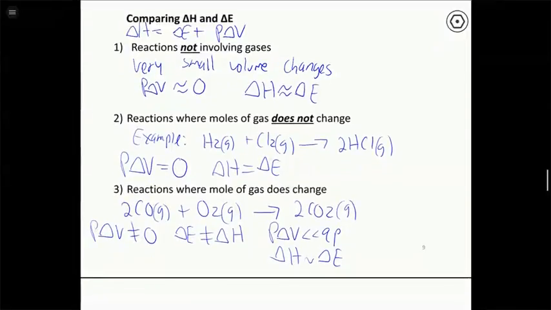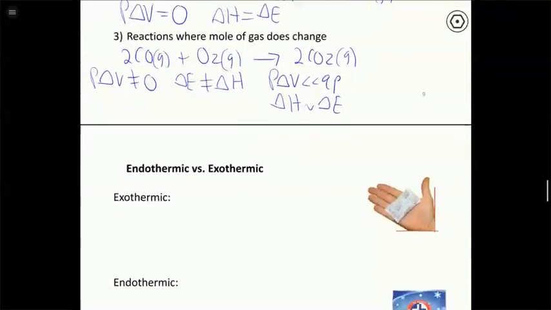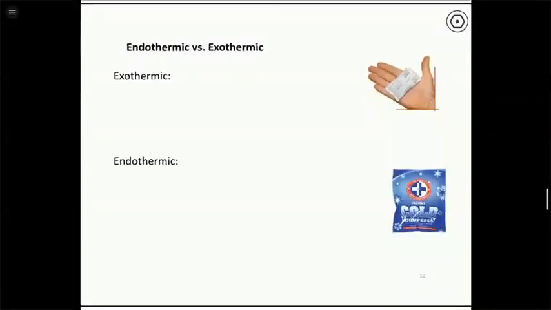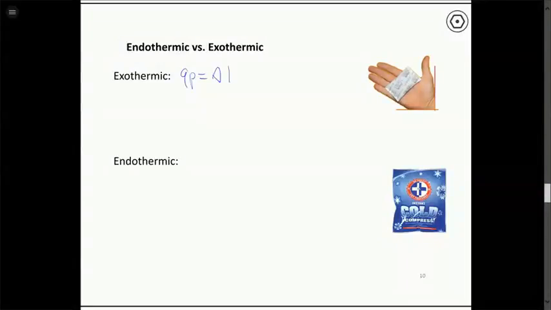All right, so now that we have this new state function, delta H can be either positive or negative, just like delta E, and that introduces new terminology called exothermic and endothermic. So for an exothermic reaction, QP, which is equal to delta H, is less than 0. So if the value of delta H is less than 0, we call that an exothermic reaction.